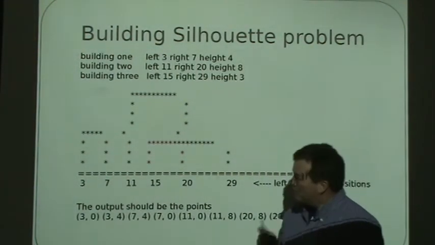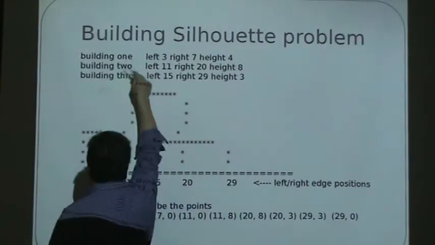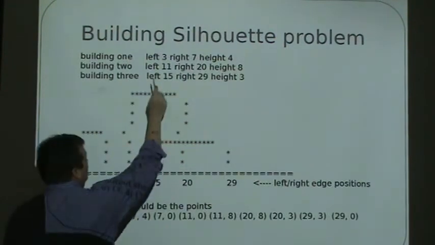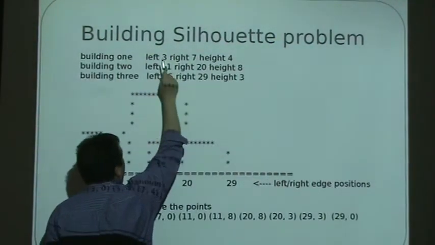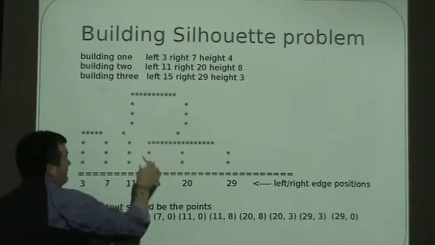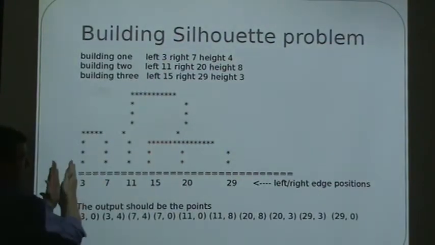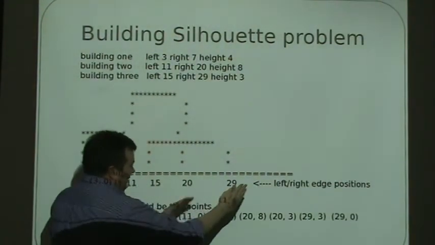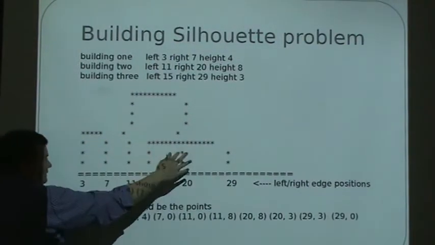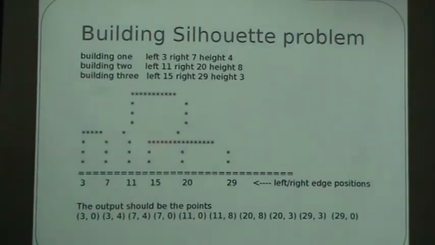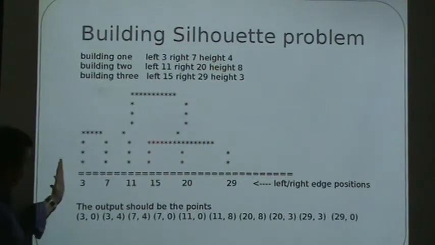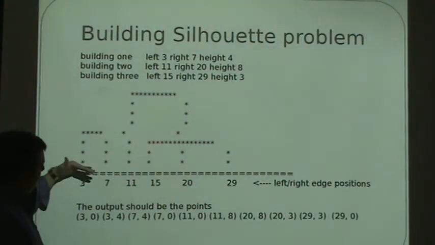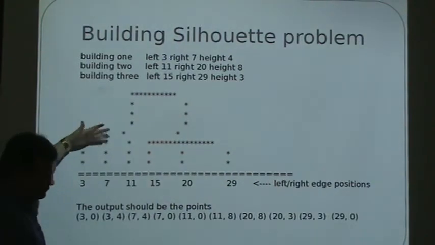So one thing we could do is take all our buildings and sort them. All the buildings have 3 attributes, a left, a right, and a height. We can sort them based on their left field. So now we can walk across from left to right and look at all the buildings in our input. Every time we see a new building come in, we add that height to some structure.